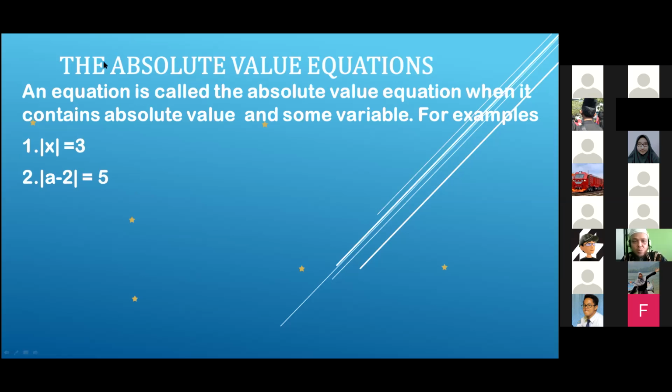All of them are absolute value equations, because they contain absolute value and some variable. We have variable A for number 2, variable B for number 3, and variable Y for number 4.